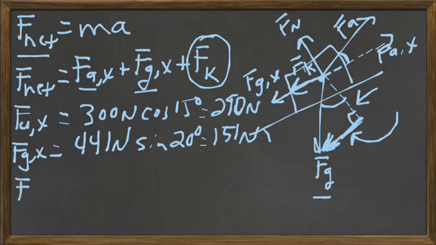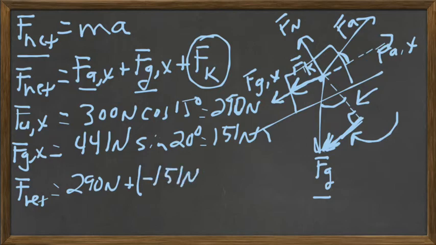So my net force would be a positive 290 newtons, since that's up the incline, plus a negative 151 newtons, since that's the force of gravity down the incline, plus my force of friction, which was 63.8 newtons, and it will be negative because it's also down the incline.